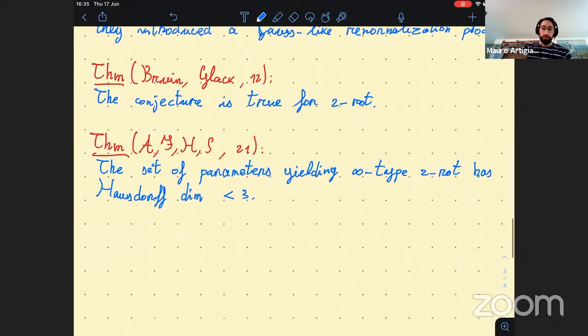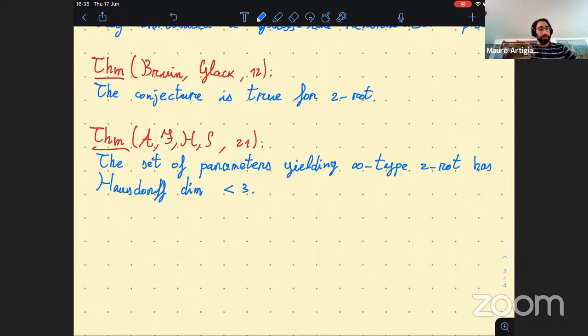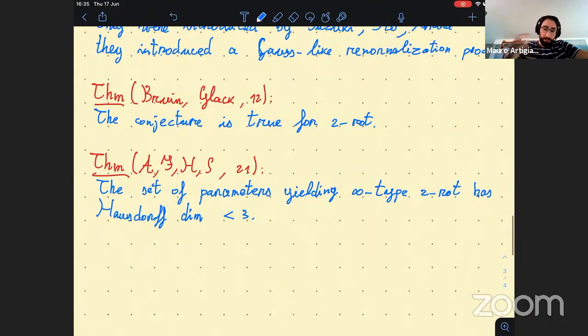Okay, so to prove this result, we proved it in a quite different way from the way in which Bruin and Clark proved the result, and we introduced a new renormalization, which is much more similar in spirit to the classical Rauzy induction.